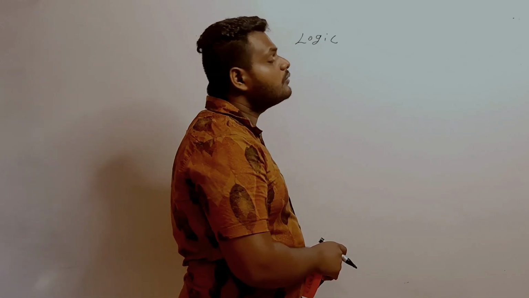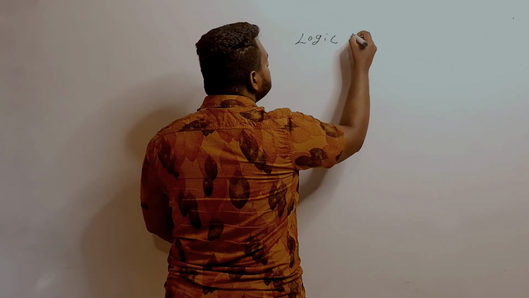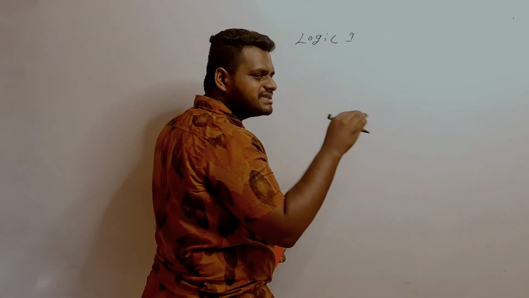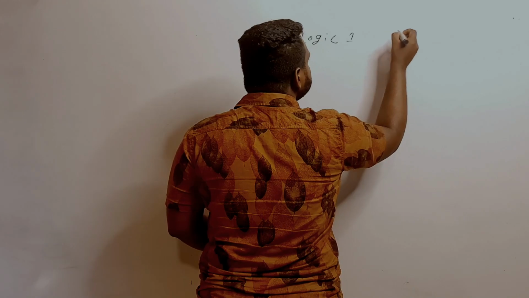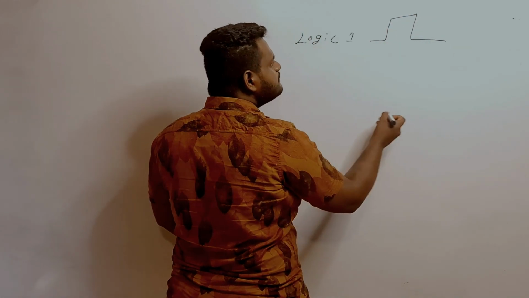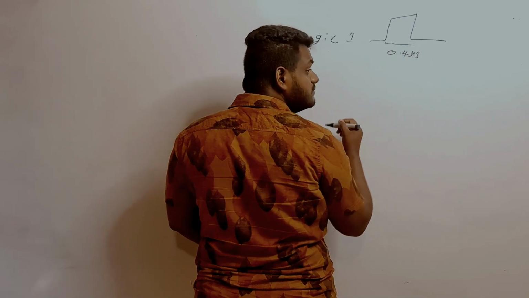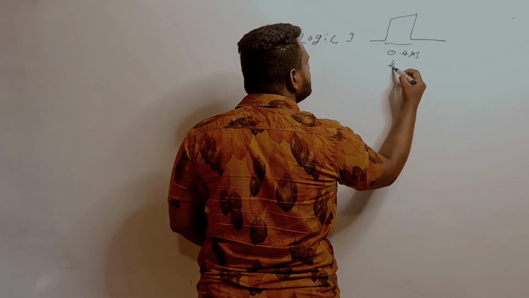WS2812, that means 2812 NeoPixels, the logic 1 is represented by a timing diagram. According to their specification, for logic 1, the high part consists of 0.4 microseconds, that means 400 nanoseconds.